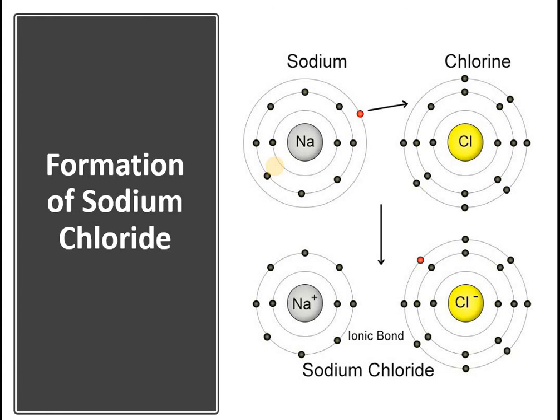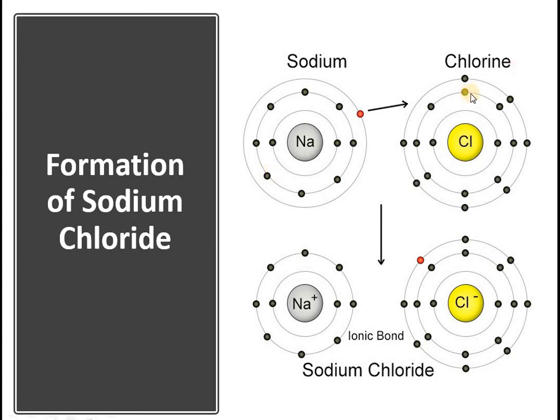Therefore it has a net positive charge of +1. So this positively charged atom is called a sodium ion, written as Na+, and its electronic configuration is 2,8, which is the same as that of neon.